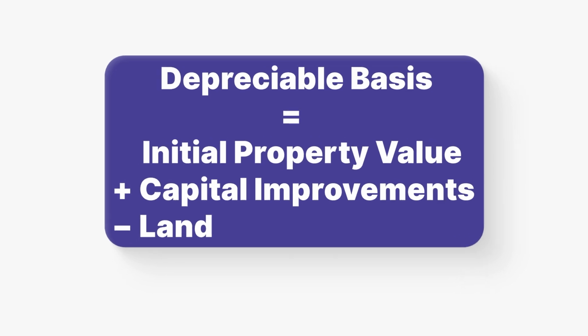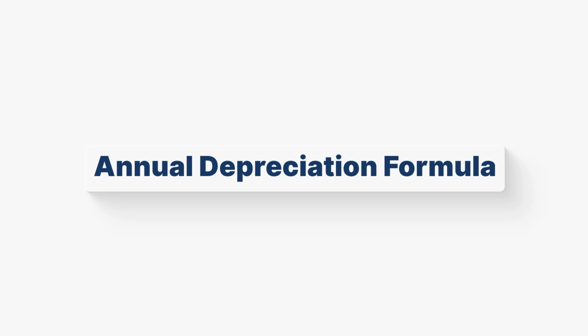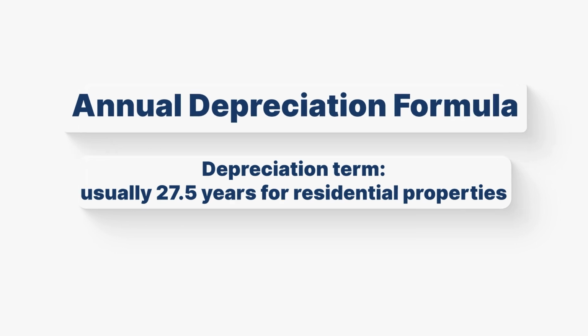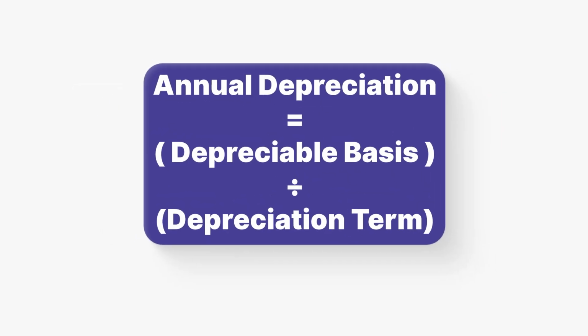And the other formula is the annual depreciation formula. Once we know the depreciable basis, we divide it by the depreciation term, usually 27.5 years for residential properties, to calculate the annual depreciation expense. The formula is annual depreciation equals depreciable basis divided by depreciation term.